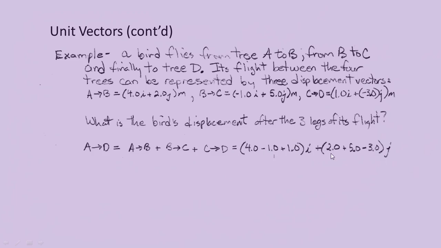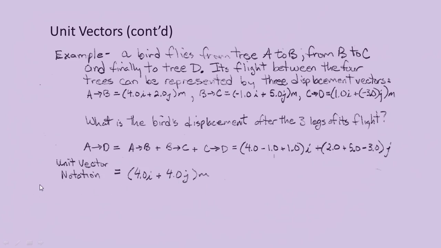And we do the same thing for the individual j coefficients from these 3 individual vectors. And then we add them up, and that gives us A to D, this resultant vector in unit vector notation, which is 4.0i plus 4.0j meters.